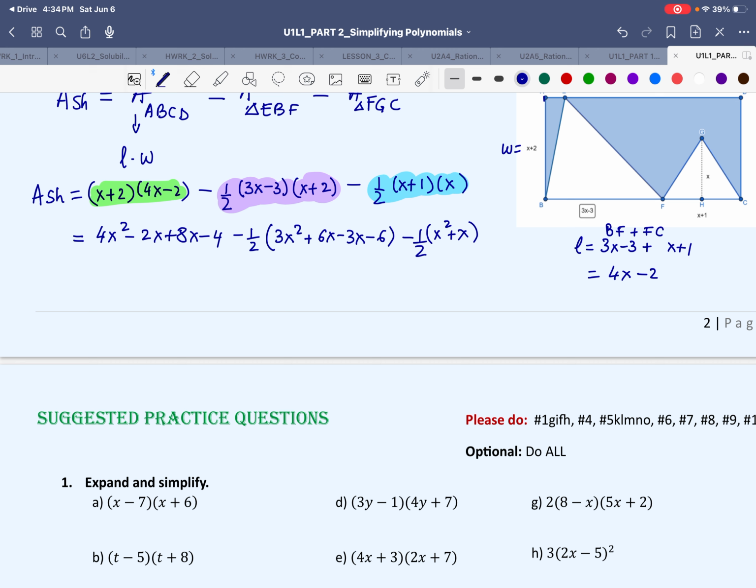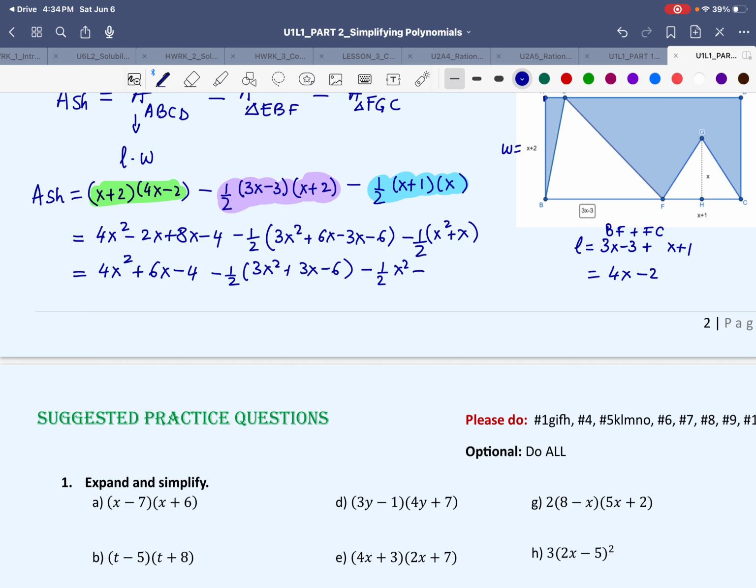Let's continue simplifying as much as possible. 4x squared plus 6x minus 4. Now we have minus 1 over 2, 3x squared plus 3x minus 6. We're doing brackets first. And then minus 1/2 of x squared plus x, over 2, or 1/2 of x.